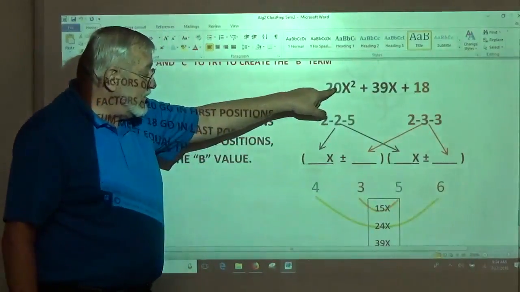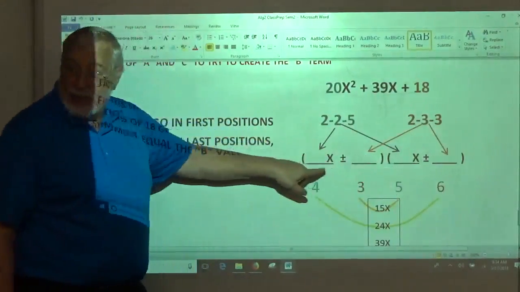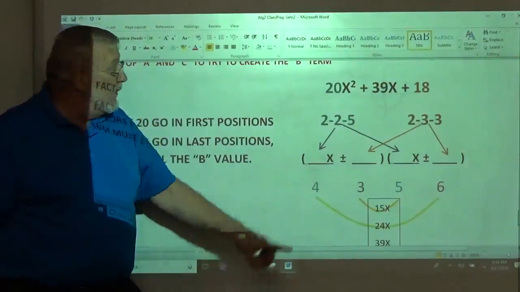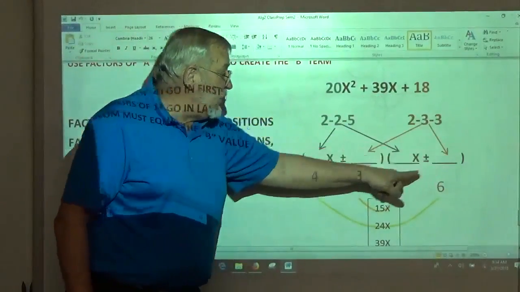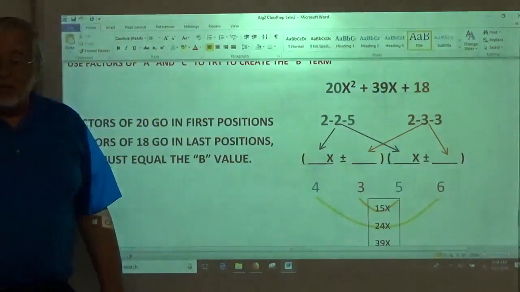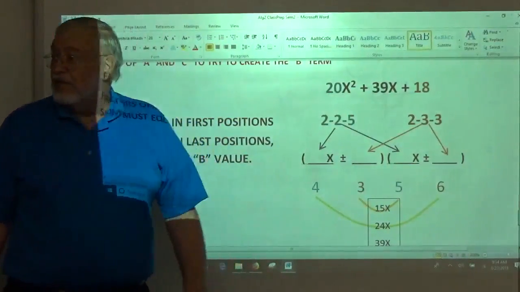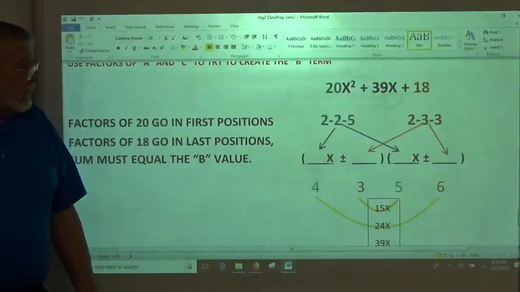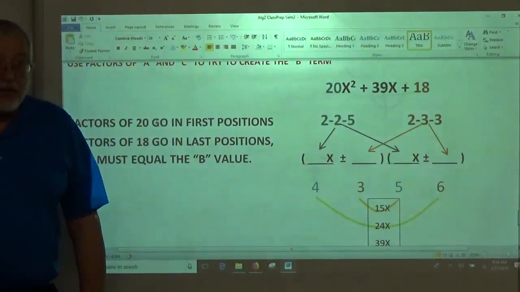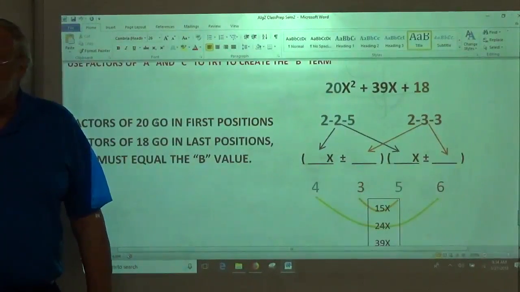The prime factors of the 20 will go in the leading part of the binomial. The prime factors of the 18 go in the following part of the binomial, and when you do the inside-outside, it has to total the middle, the b value. All right? And sometimes there is no good way. You just have to break it down and then do what's called guess and check.